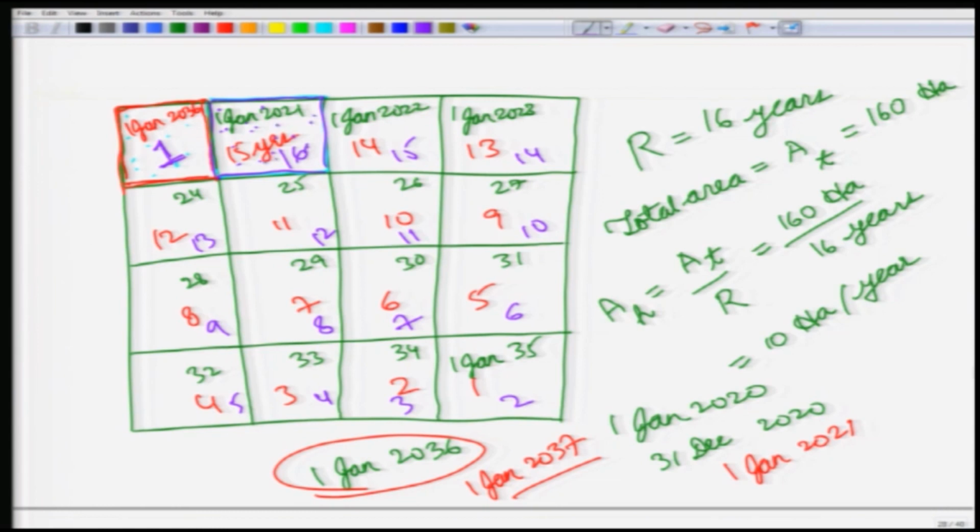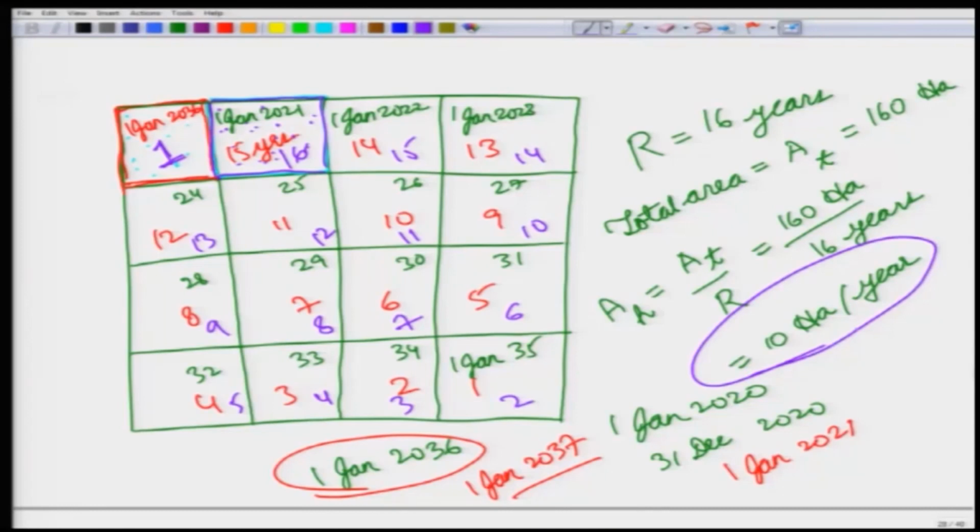So, what we are seeing here is that every year you can fell one section that is of the age of 16 years, and at the beginning of the next year, on 1st of January, you will again have one section of equal area. The area is 10 hectares. So, all of these sections are 10 hectares.